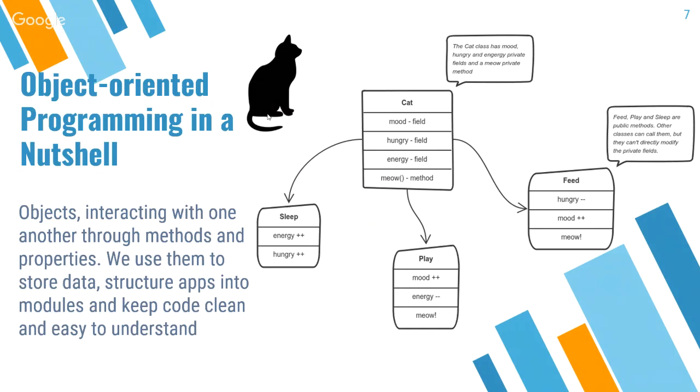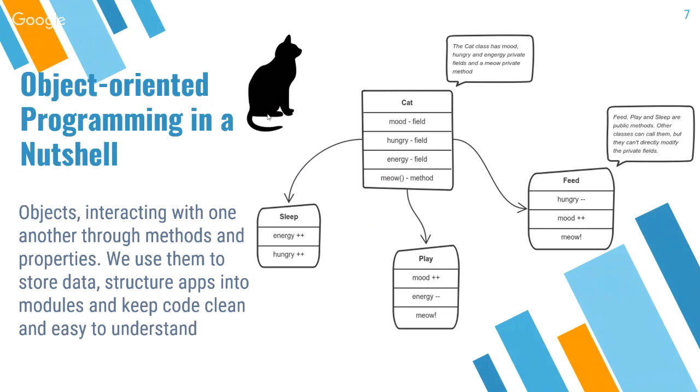It uses, for example, the sleep object to boost its energy field, but also when it uses the sleep object, its hunger field increases as well.